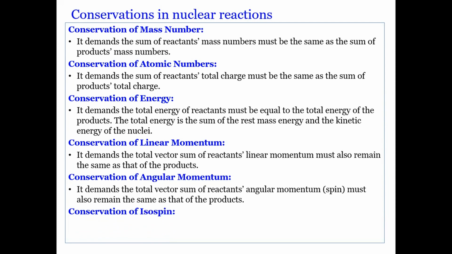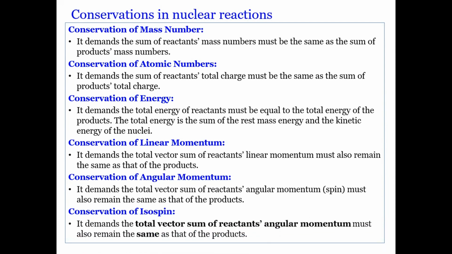And then the conservation of isospin. The total vector sum of the reactants' isospin should remain the same as that of the products. These are the conservations that are really needed in the nuclear reactions, and nuclear reactions then can be developed, can be predicted, can be simulated.